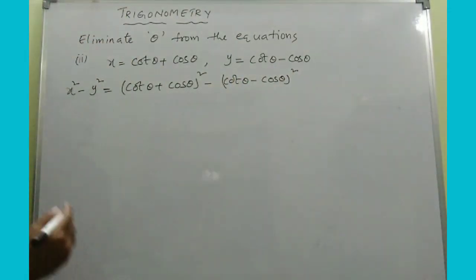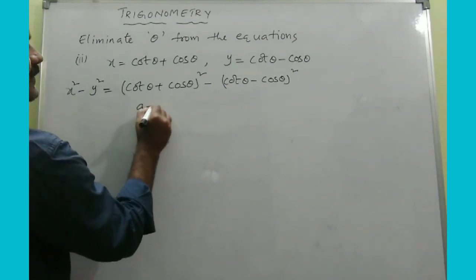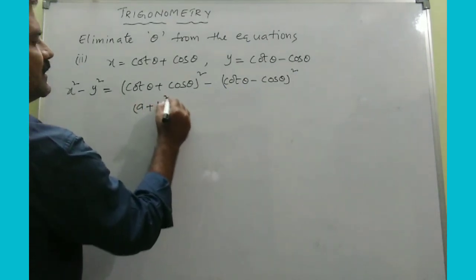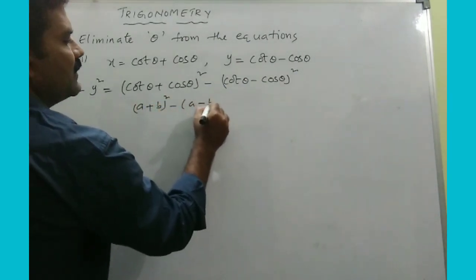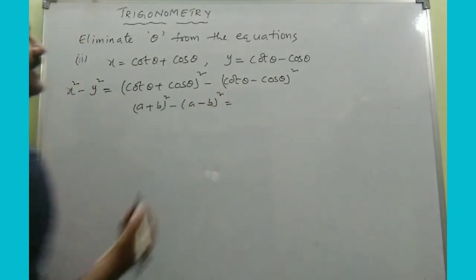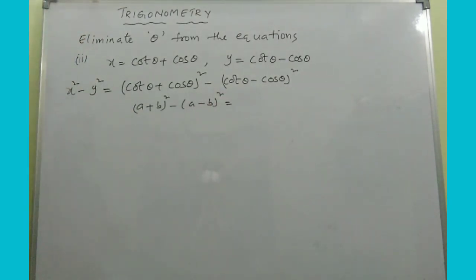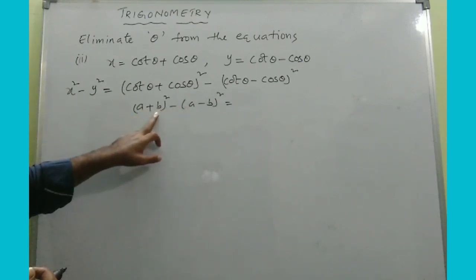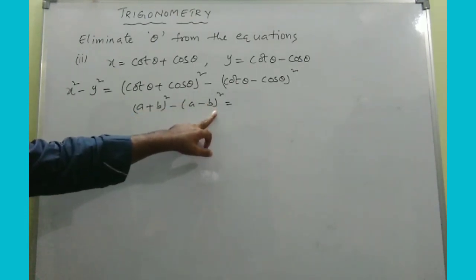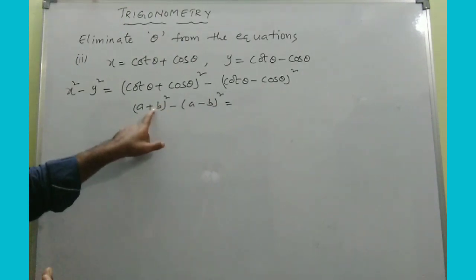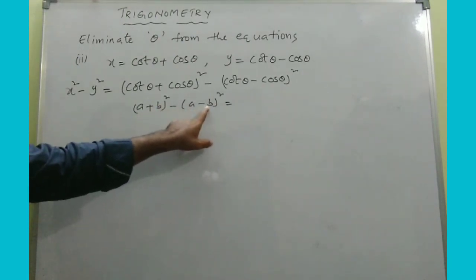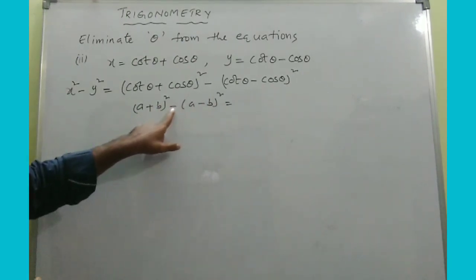So this is cot theta plus cos theta whole square minus cot theta minus cos theta whole square, isn't it? So this time I want to write directly, this is in the form of a plus b whole square minus a minus b whole square. Do you know the formula for it? See, plus a square minus a square, and plus b square minus b square get cancelled. Here plus 2ab, here minus 2ab, but before that there is a minus.